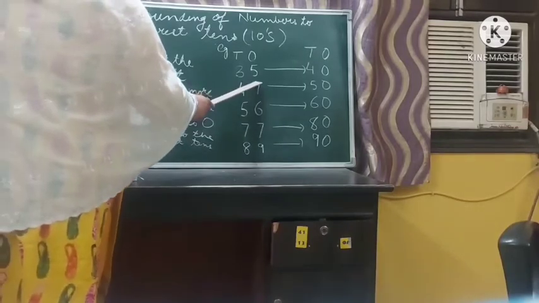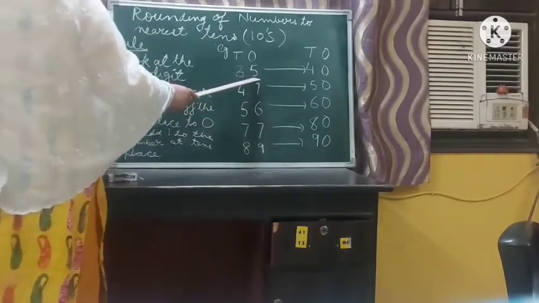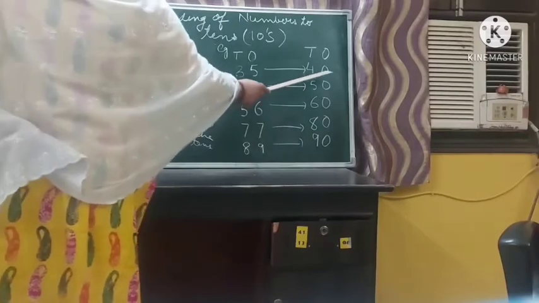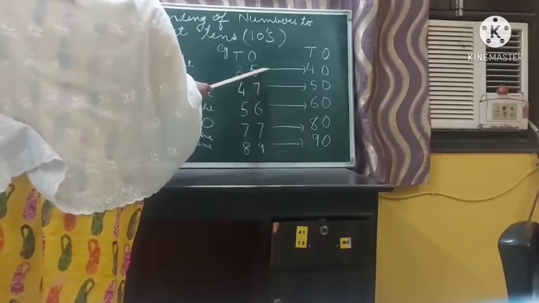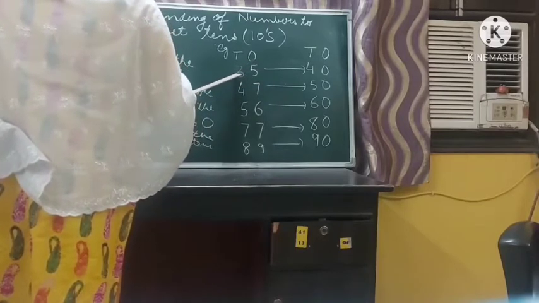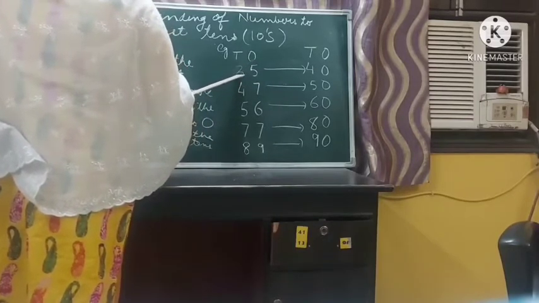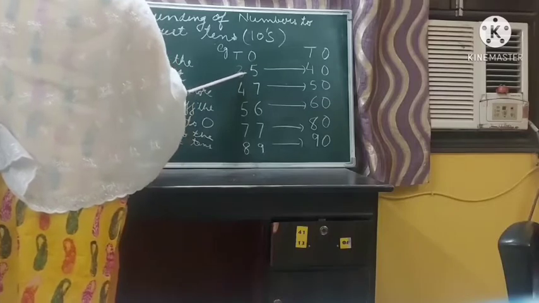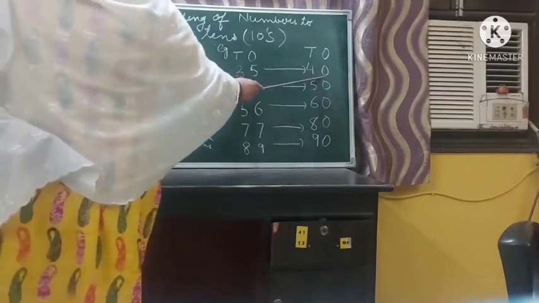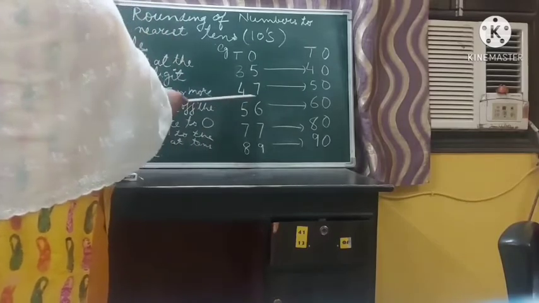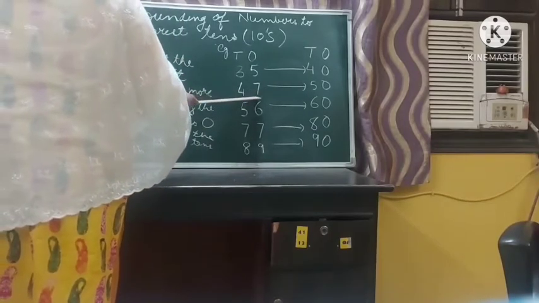See this 35. The ones place is 5. So instead of 5 you will write 0 as you have written before. But since the ones place is 5 or more than 5, you will add 1 to the number at the tens place. The tens place is 3. 3 plus 1 is 4. So 35 will be rounded off to 40. Then here 47.